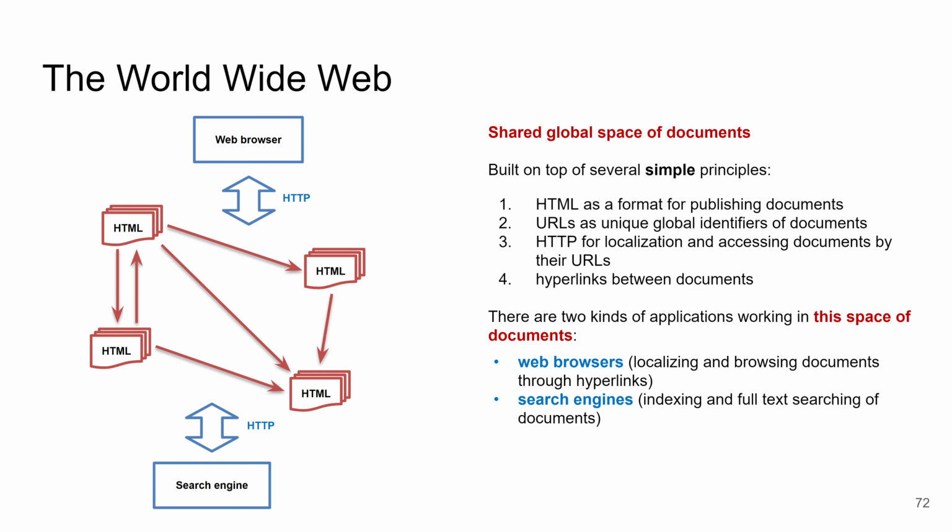And on this web, we have basically two types of applications: web browsers, which humans can use, and search engines. What search engines allow us to do is that we do not have to necessarily know the URLs of web pages we want to access. We may use a search engine to search in some other ways, and the search engine will give us the URL that we then can access.